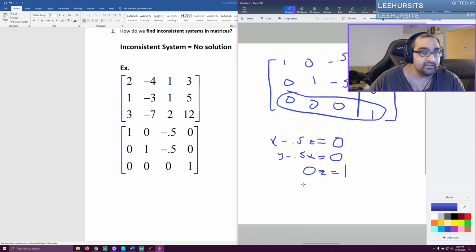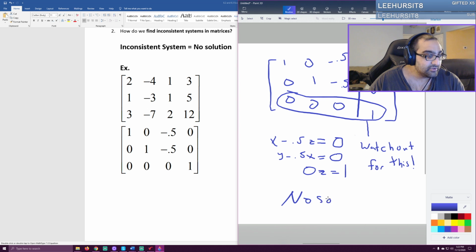So if you get this situation where the bottom row of the reduced matrix looks exactly like this, this is what you want to watch out for. This is basically the crux in getting no solution, or an inconsistent system.